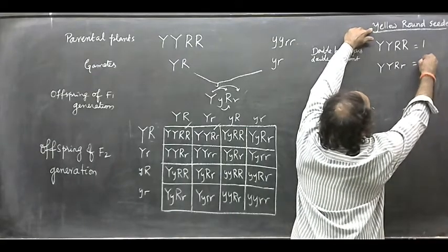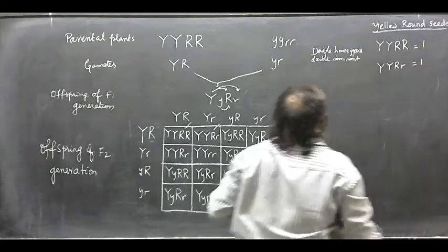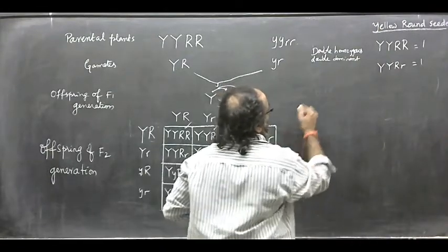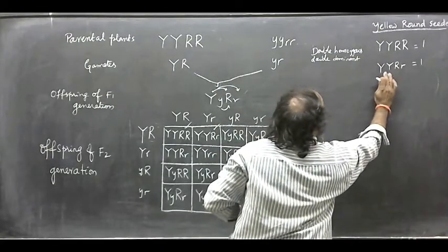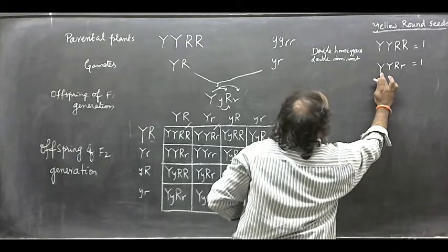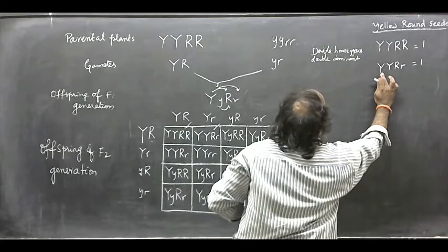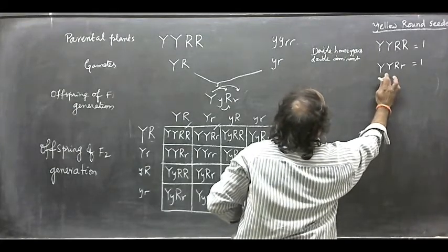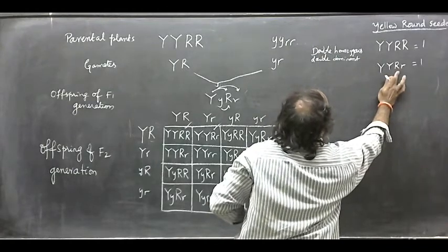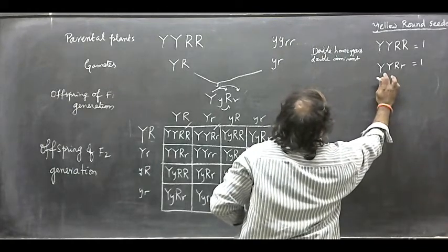So far we got one plant of this pattern. How can you read this? This is double dominant. Yellow is dominant, round is dominant.